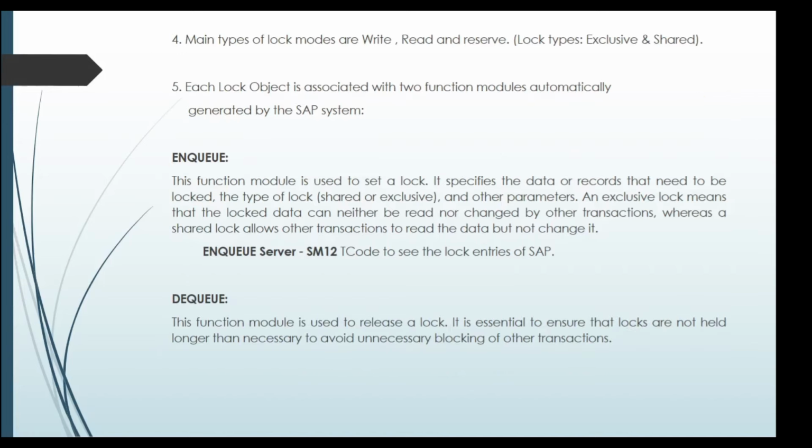Moving forward, the main types of locks are exclusive and shared. In the exclusive type, the object is being locked, and no other user can update or read the data simultaneously.